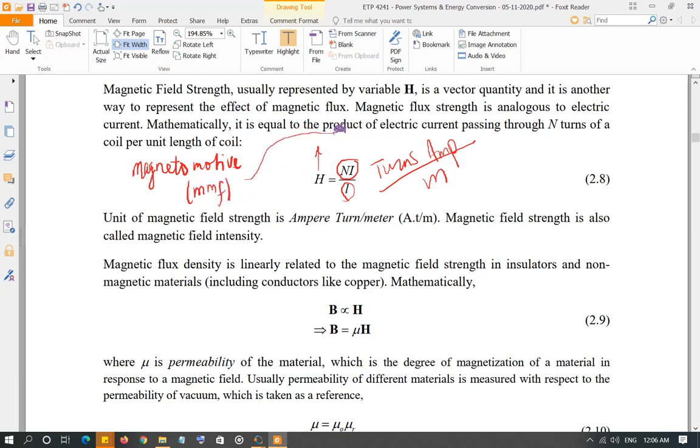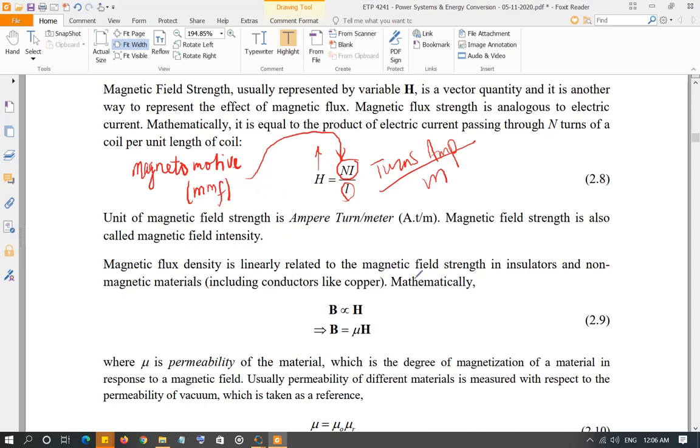MMF is basically N times I, the number of turns of the coil times the current flowing through the coil. That's the force that is required to produce magnetism in a coil. So in some problems it may ask you to calculate the magnetomotive force. Very simple: multiply the turns times the current.